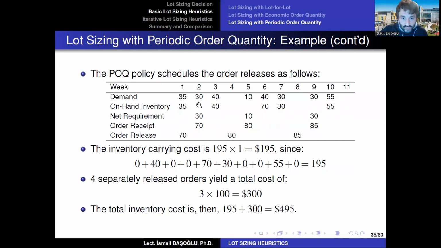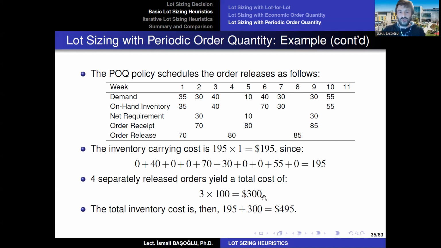And starting from the 2nd week to the 11th week, the amount that is carried from one period to the next is the sum of this row. Remember, we are excluding this 35 again because this is already carried from the previous planning horizon. We are only summing up the carried inventory amounts in the remaining columns, which sum up to 195. And each unit that is carried from 1 week to the next costs $1 in this problem.